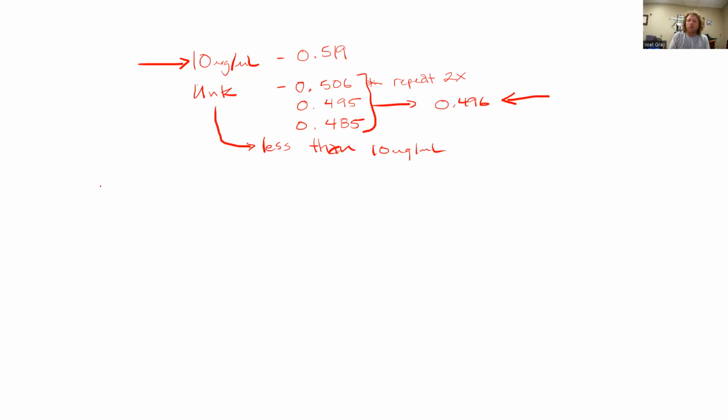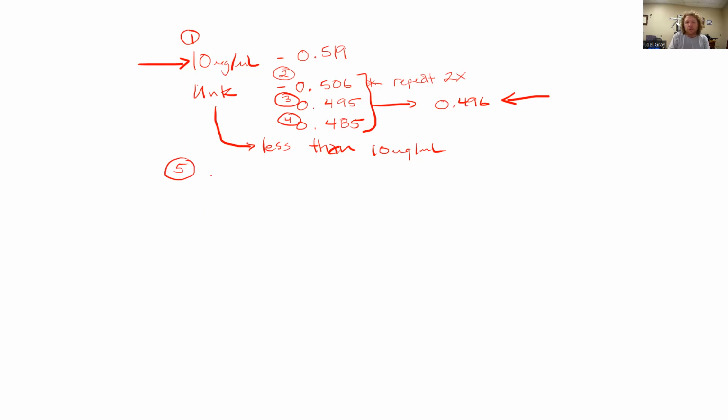So what you want to do after this, if you look at this and say, okay, my first trial was this, my second time that I used my cuvette was this, third was this, and fourth was this. The 5th time that you take an absorbance reading, what you want to do is get a sample with a concentration that's lower.